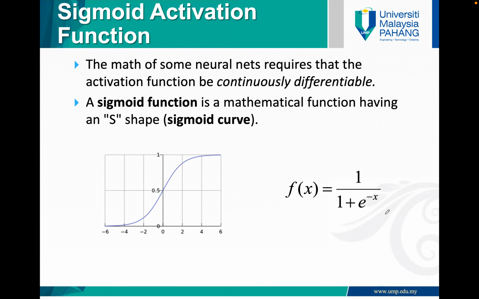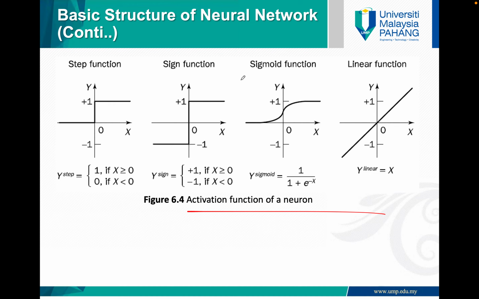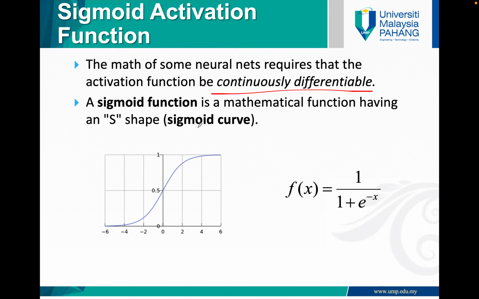So, the sigmoid activation function. The math of some neural nets requires the activation function to be continuously differentiable. Look at the others, they are not really differentiable, right? Only the sigmoid function. The sigmoid function is mathematically a function having an S shape, the sigmoid curve.